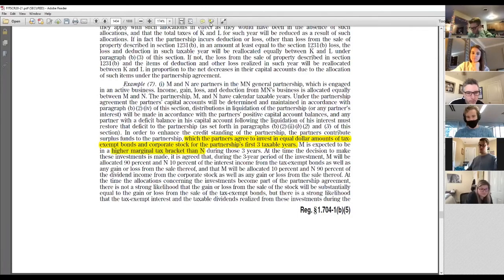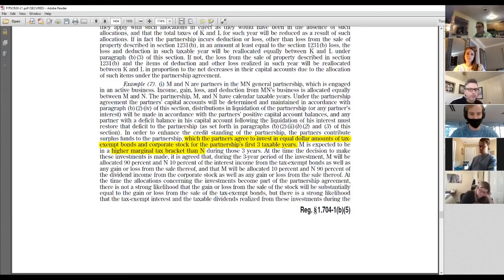We need to know a lot about the partner's individual tax attributes to do this analysis. It's the interplay between the partner's individual tax attributes and the character of the income. So if we ever have a problem where I'm starting to tell you a lot about the taxpayer's individual tax attributes, that is a red flag that substantiality may be at issue.